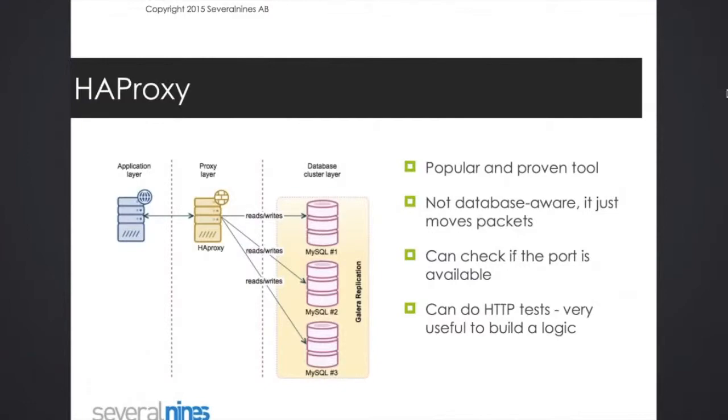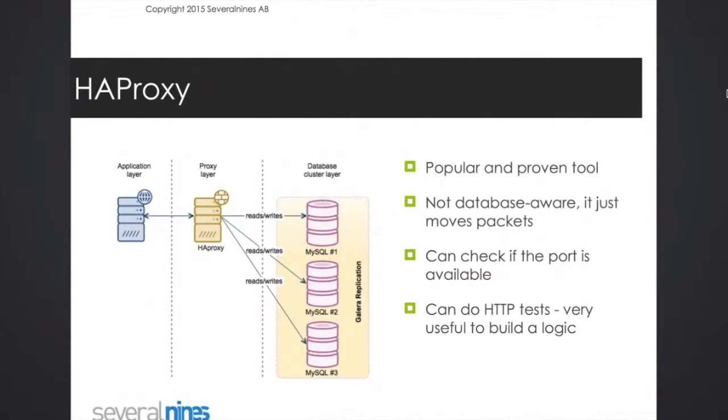It just moves packets. HAProxy can check whether the port is available or not. You can configure it to look for port 3306, for example, and if it's up, it will assume that the database is also up and route the traffic to it.